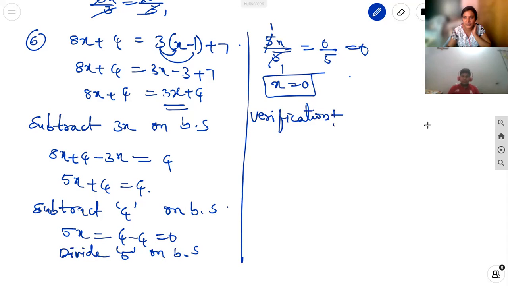Verification means first we take the expression, that is 8x + 4 = 3(x - 1) + 7. In the place of x we take 0.